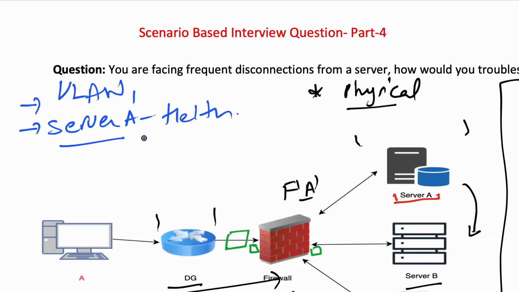You'll see how many users are connected, if that is causing the issue. So this is the way you'll troubleshoot frequent disconnections from a server. You'll narrow it down from the logs, from the device itself, and this will help you narrow it down to a certain device and then mitigate the issue, right?